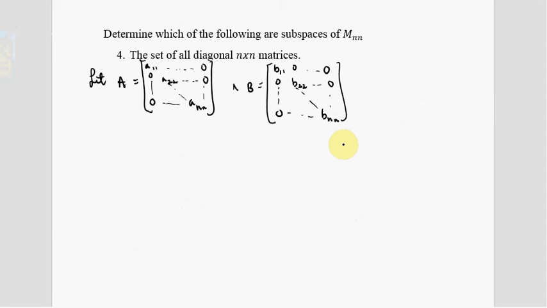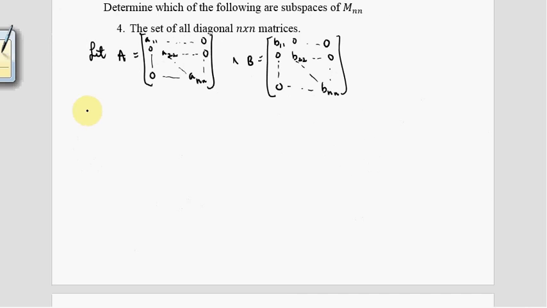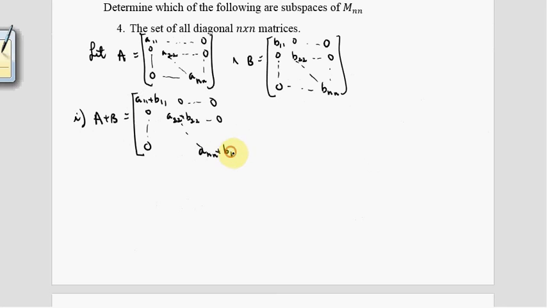So A plus B gives A11 plus B11, A22 plus B22, zeros everywhere else, A_nn plus B_nn.